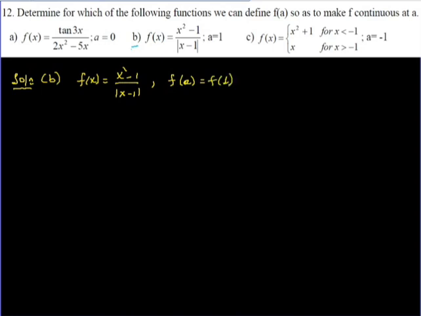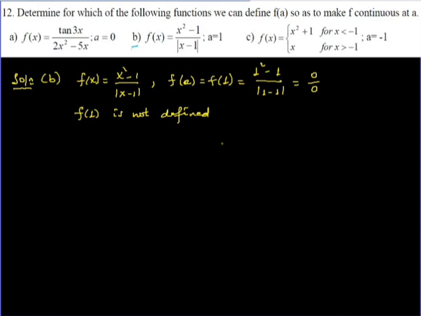If you directly substitute 1 in place of x, it becomes 1 squared minus 1 over absolute value of 1 minus 1, which is 0 over 0. So f of 1 is not defined.